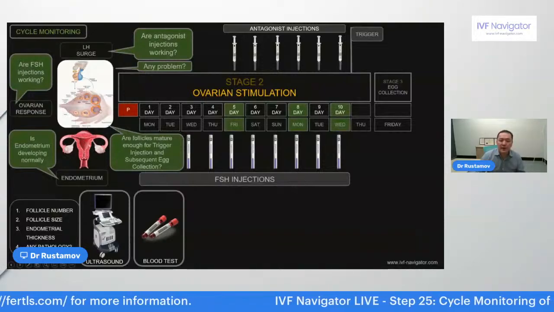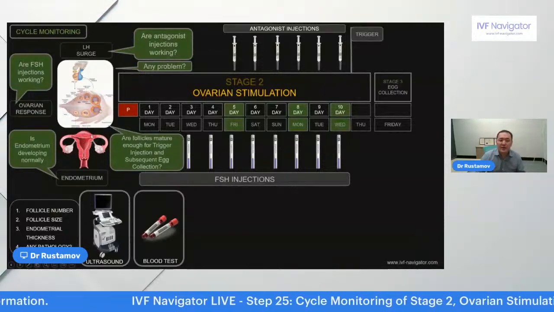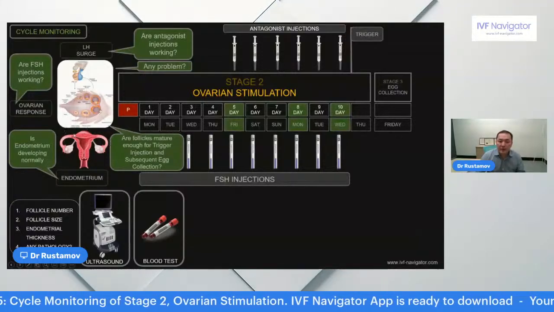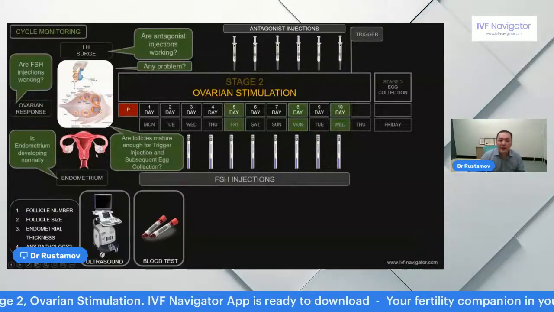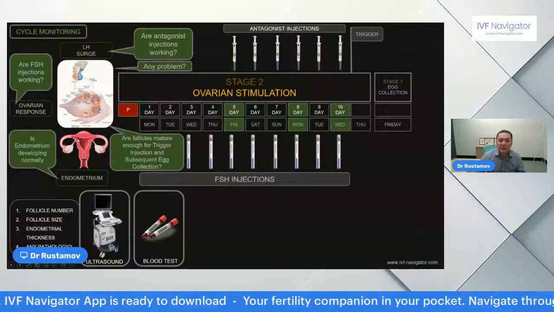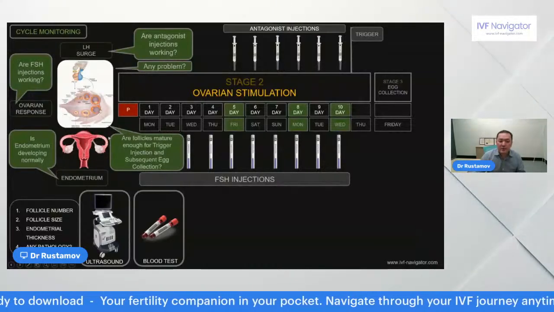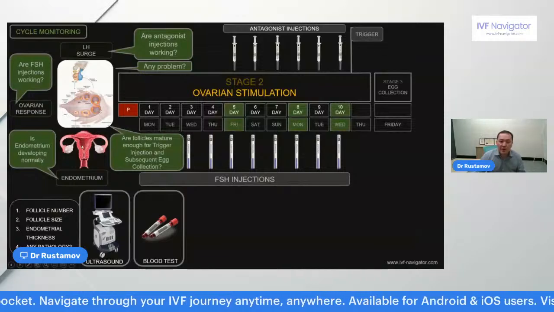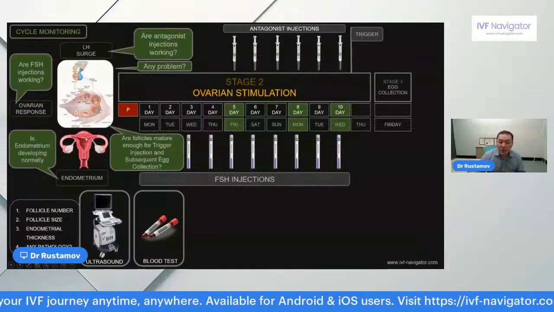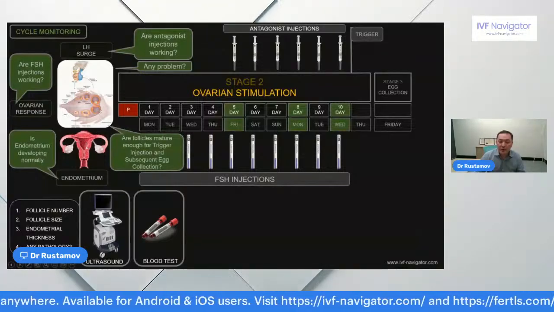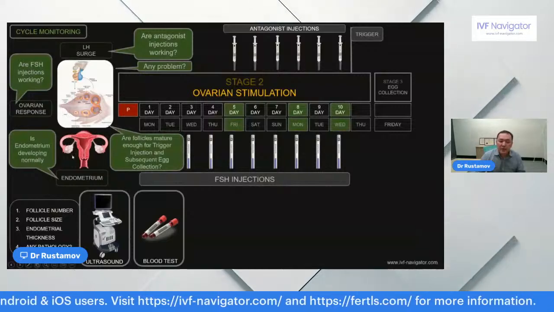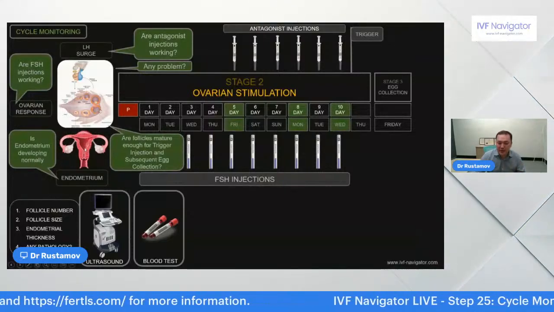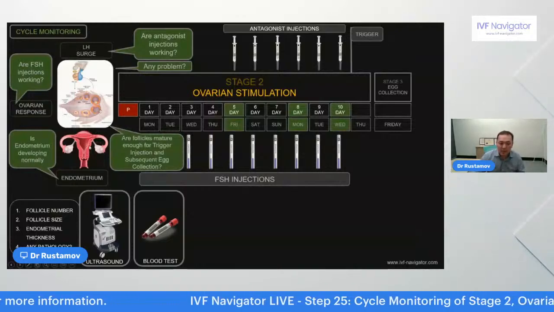Let us say you have a large ovarian cyst, adhesions, or the ovaries are really high. The sonographer will take a note, document it, and inform the specialist that there could be some possible difficulties with egg collection. The sonographer will also check if there is any endometrial polyp, any uterine fibroids, or any sign of hydrosalpinx. These are pathologies which may reduce your implantation. So this is a part of cycle monitoring.